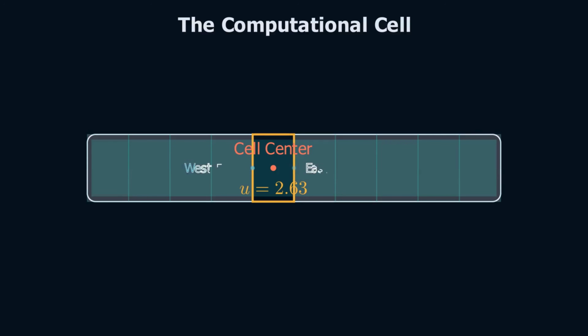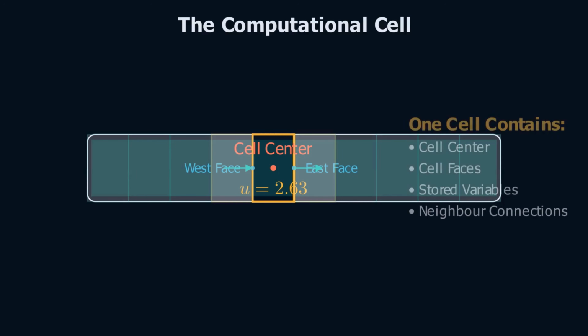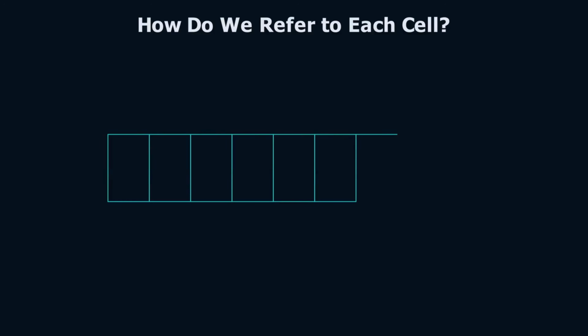Information enters and leaves through the cell faces. Mass, momentum, and energy cross these faces. Every cell also communicates with its neighboring cells. These four ideas are the foundation of every finite volume solver. A real CFD simulation contains thousands, or even millions, of computational cells.